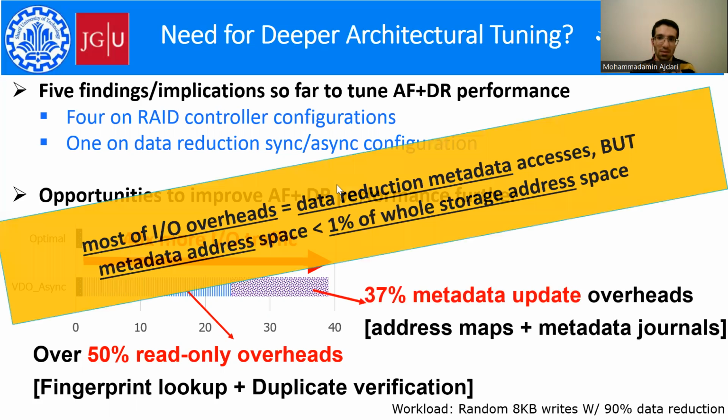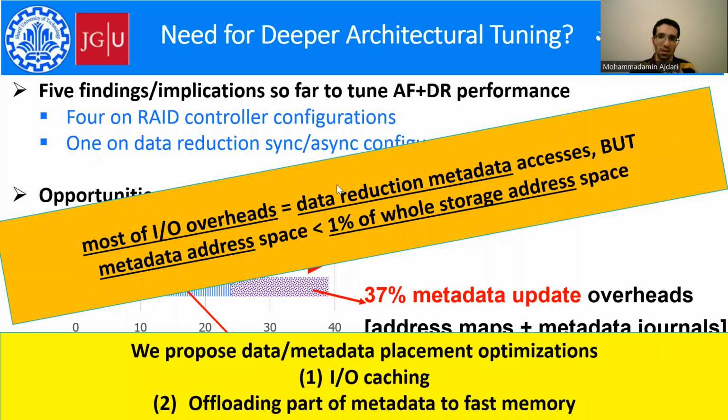This means that most of the I/O overheads are for metadata accesses, and metadata are usually less than 1% of the whole storage space. Thus, we propose 2 additional optimizations using I/O caching and metadata offloading. In the following slides, we briefly go over such optimizations.